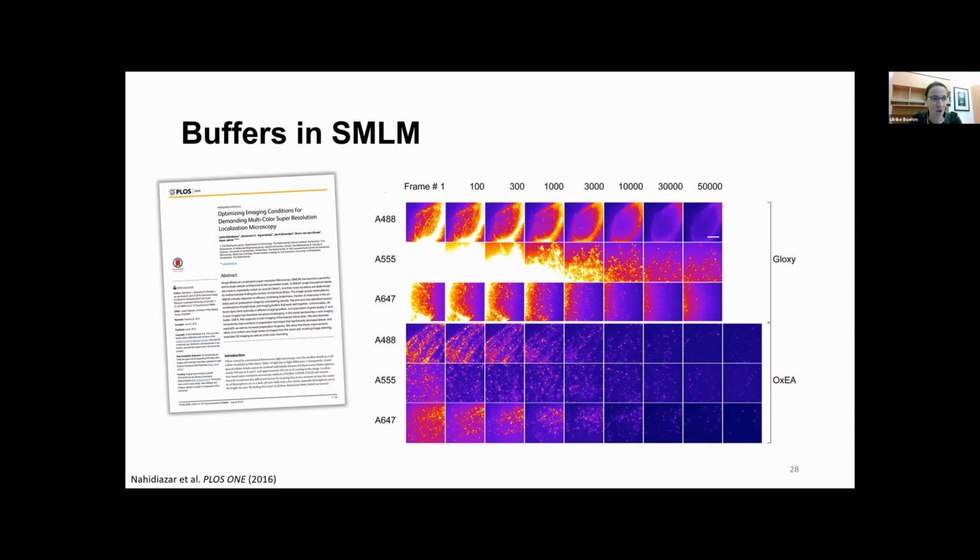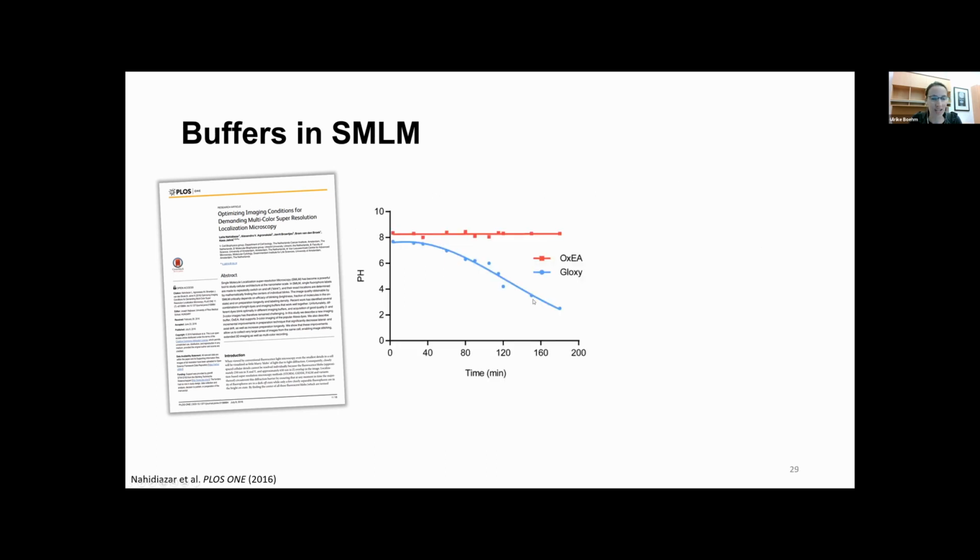And then what I also would like to show, what this paper highlights, is that these buffers also differ in how stable they are over time in their pH. That can have a very big impact on how good an image you can take, or how many blinks you might be able to capture.